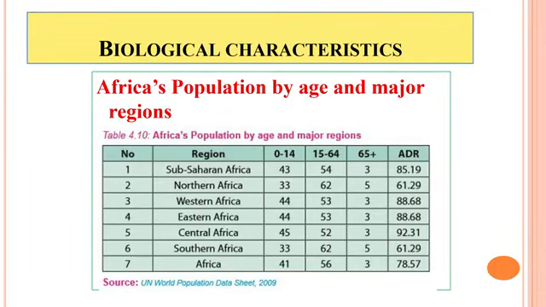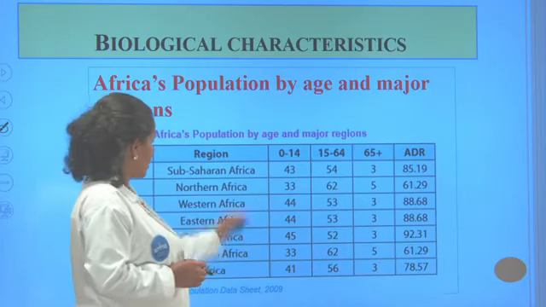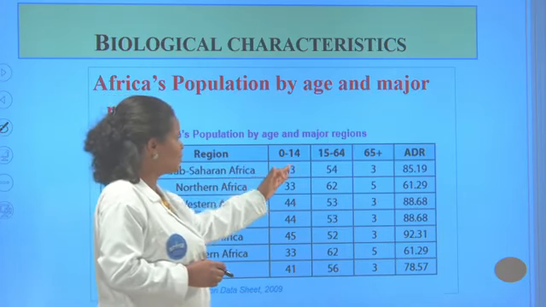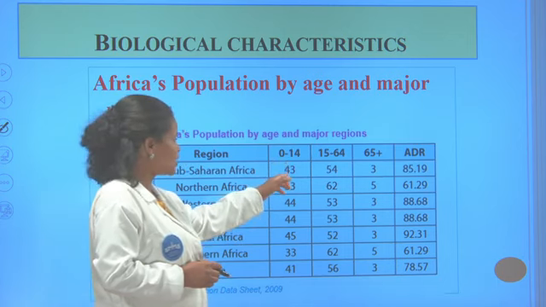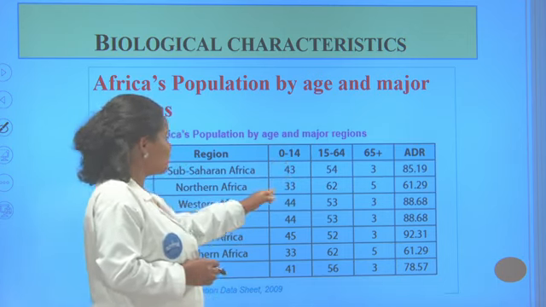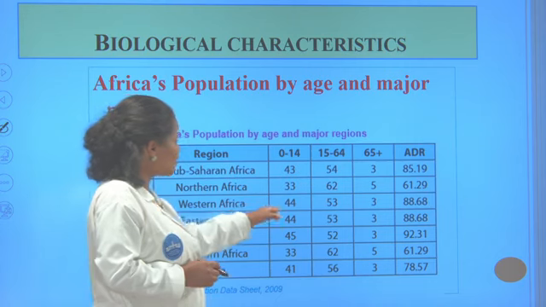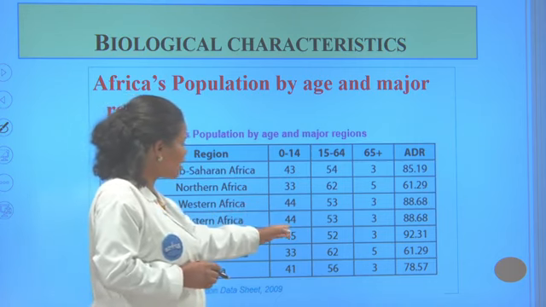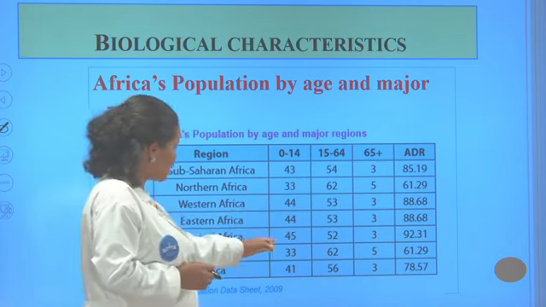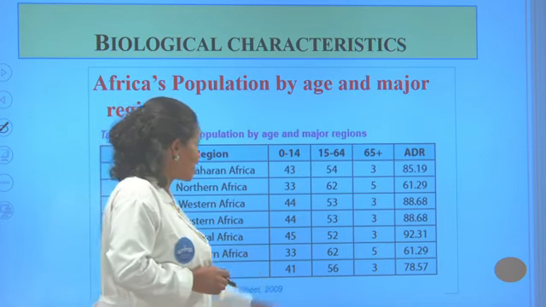Let us see Africa's population by age and major regions. In Sub-Saharan Africa, below 14 years, it is 43 percent. In North Africa, 33. In Western Africa, 44. In Eastern Africa, 44. In Central Africa, 45. In Southern Africa, 33.